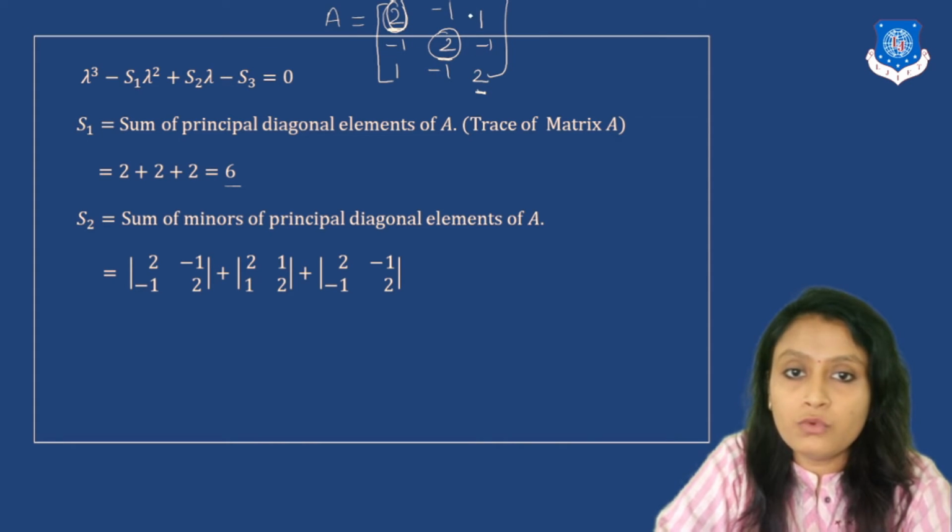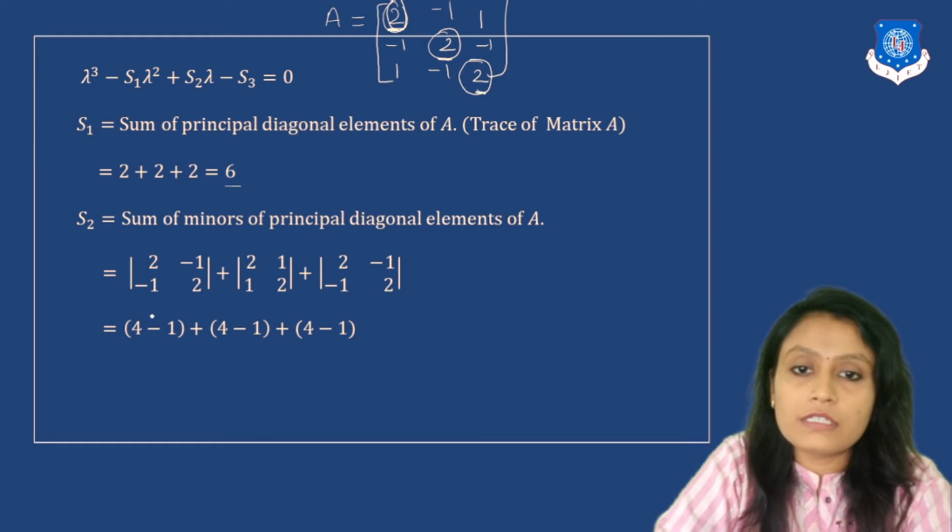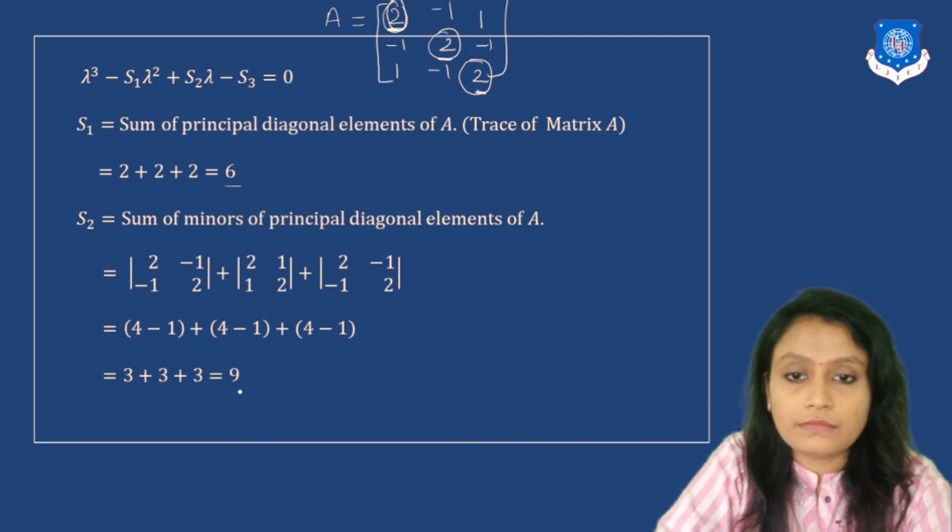You will get 2 1, 1 2 here. And to find the minor of this last 2, we hide this row and this column, so you will get 2 minus 1, minus 1 2 here. Now we will solve these 3 determinants. Here you will get 4 minus 1, plus again 4 minus 1, and also 4 minus 1. Simplify this, and you will get the answer of S2 as 9.